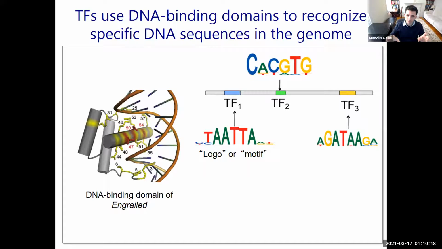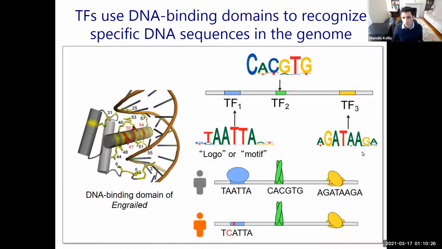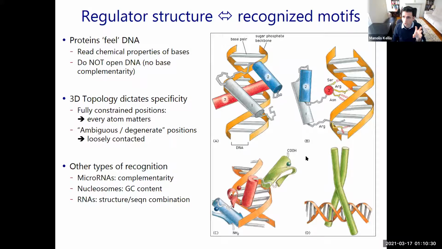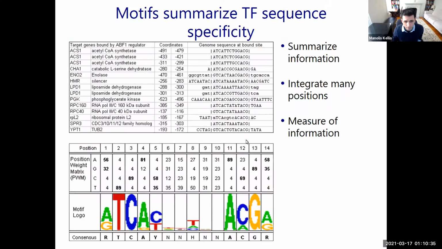So the lowest level that's closest to the DNA sequence are going to be these motif logos that are going to be learned de novo. And these motif logos are going to be allowing us to now start predicting who are the regulators, how do they combine to predict gene regulatory function.